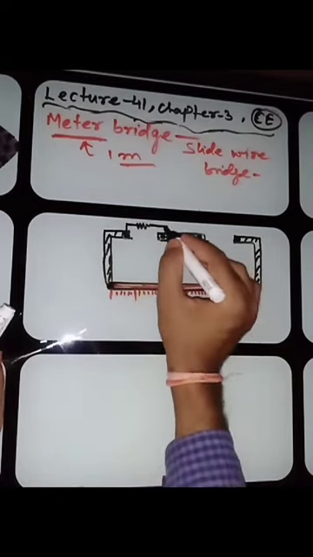This is connected with a galvanometer, and this galvanometer gives you the value of current, whether current is flowing or not. It is connected with a jockey here, a metallic jockey. What does this jockey mean? Jockey is a metallic pin like this one.